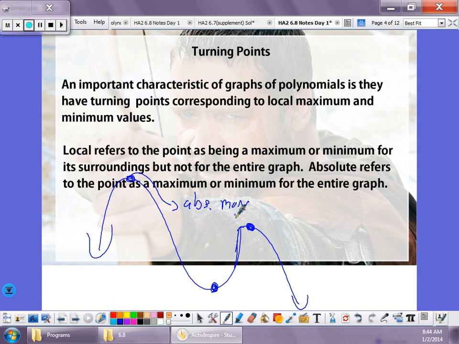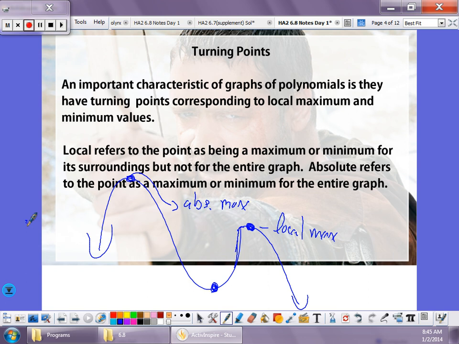It's absolute. Whereas this here is a maximum relative to what's around it, right? But it's not the absolute maximum because it's not the highest point on the graph. So we call that a local max. All right? So relative to what's around it, it's the highest, but it's not the highest overall.